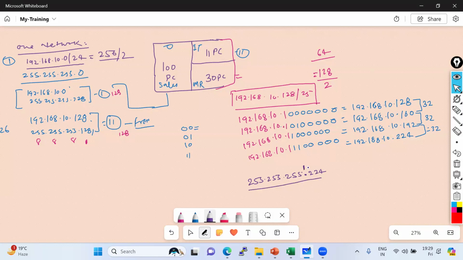Oh, one bit was fixed, right? 128, and you borrow 2 bits more. So it becomes 3 bits, 1 1 1 0 0 0 0 0. So that becomes 224. And if you do 256 minus 224, it is going to give again 32. So this is how you can find the correct answer.